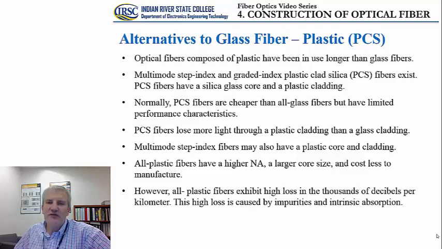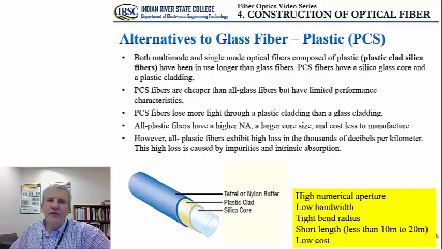So that's where these types of fibers based on plastic are going to find their application. The type of plastic that's being used is so-called plastic clad silica, and as already mentioned, we may have both multi-mode and single mode optical fibers made in this type of material. They are generally cheaper than glass-based fibers, but they also have limited performance as mentioned on the previous slide.